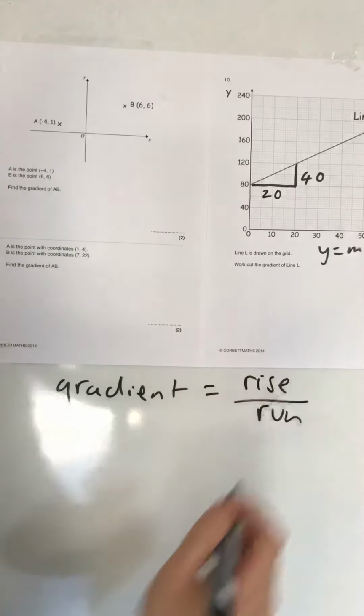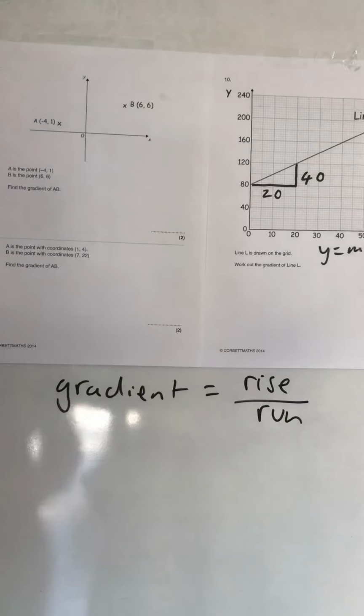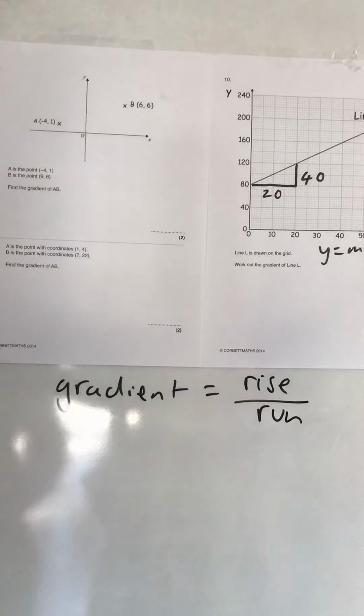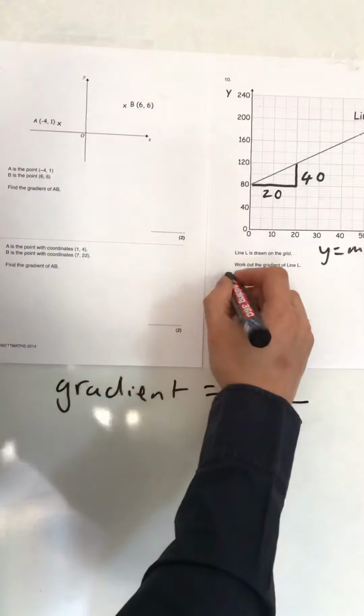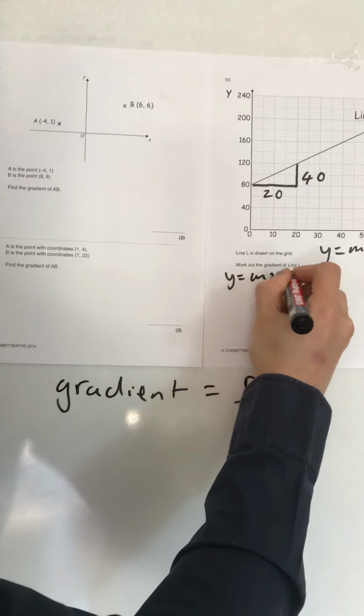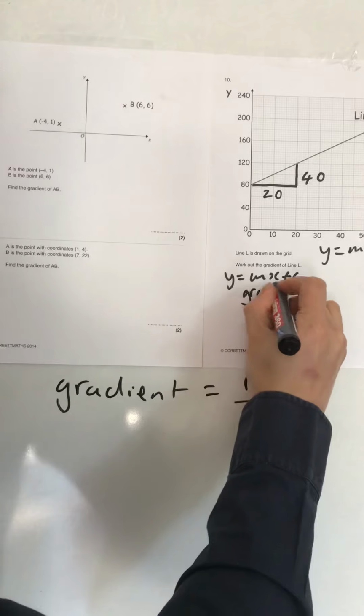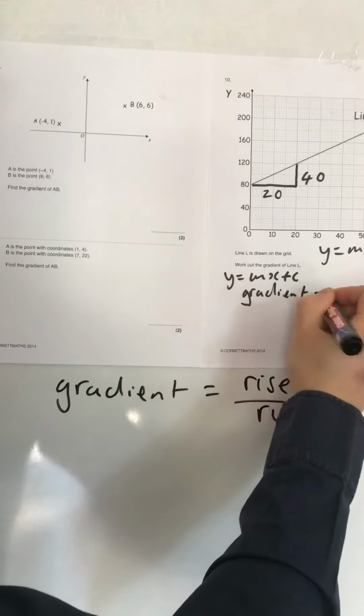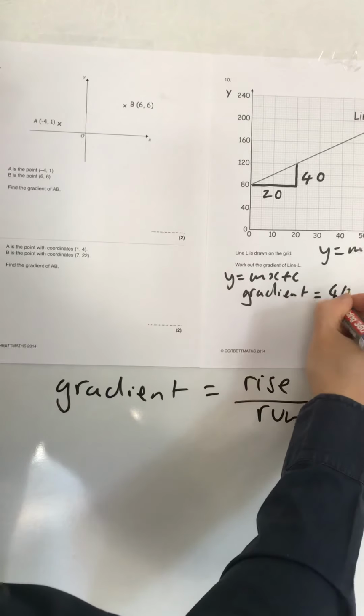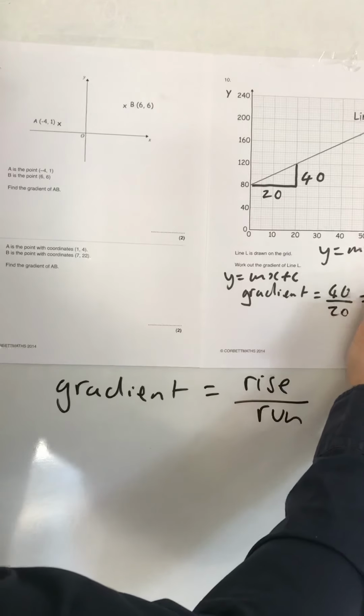So the gradient m would be 40 divided by 20. Let's write y equals mx plus c here. So the gradient equals 40 divided by 20 equals 2.